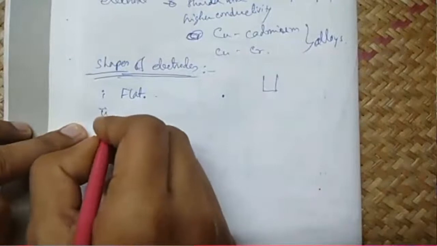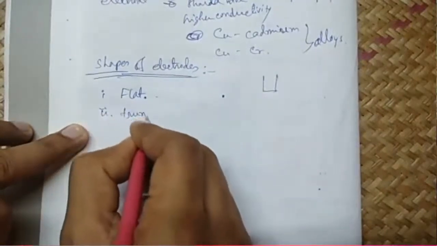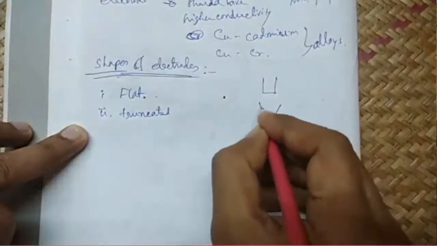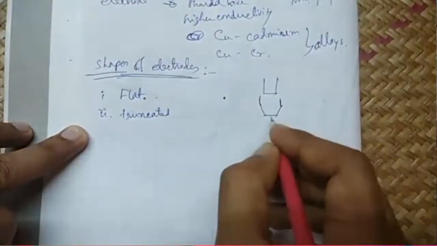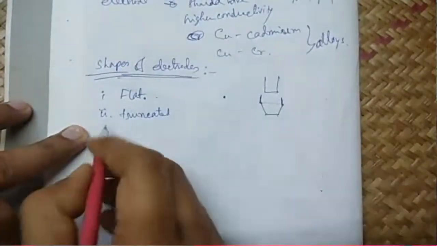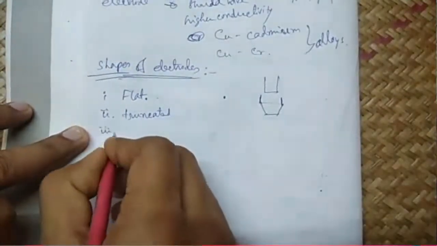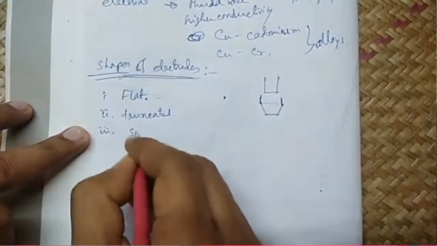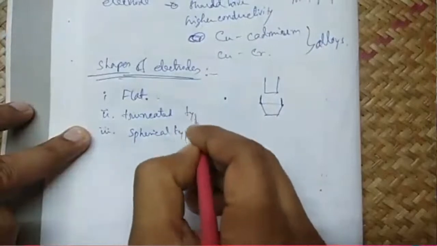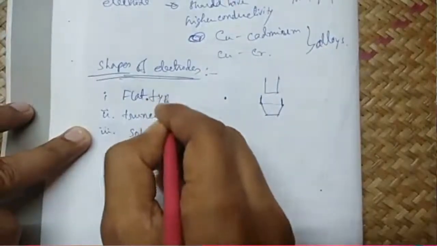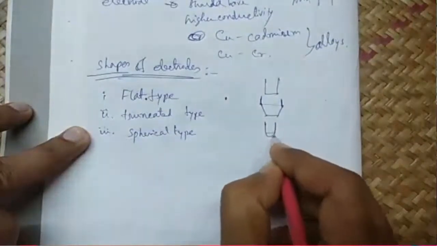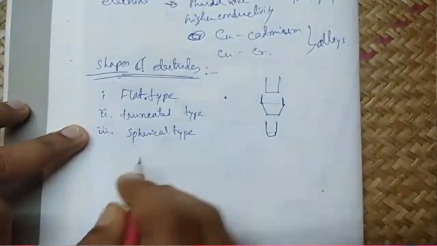Number two, truncated type, which are like this. This shape is called truncated type. Number three, spherical type. Spherical type means the end is like this. Spherical end.